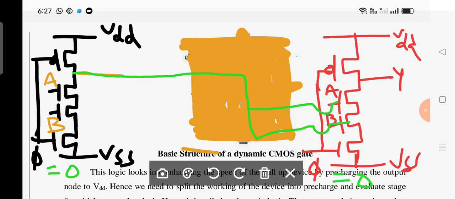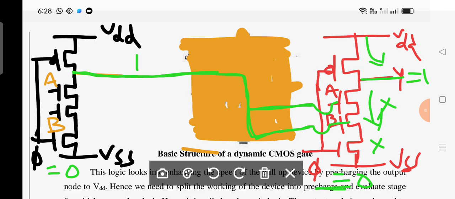If pi is equal to 0, we are directly in the pre-charge phase, therefore the output is 1. Since the output is 1 here, this won't be turned on, therefore there is no path here, but there is a path here. Y is also 1.